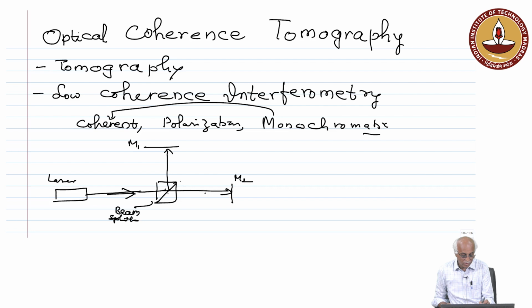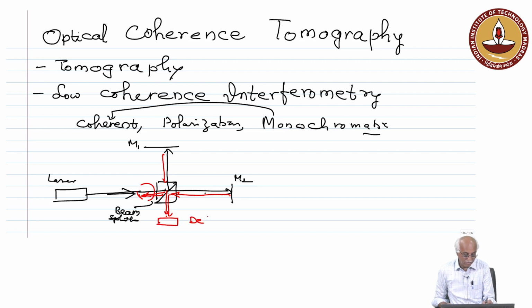Then the reflected light from here and from here will partially get reflected and partially transmitted also. But we will not worry about this component.